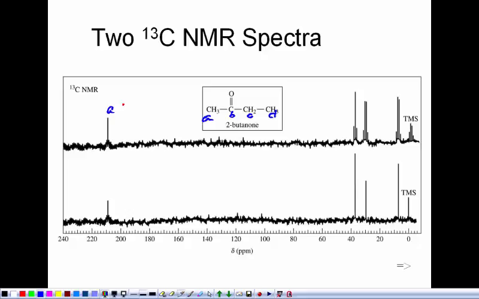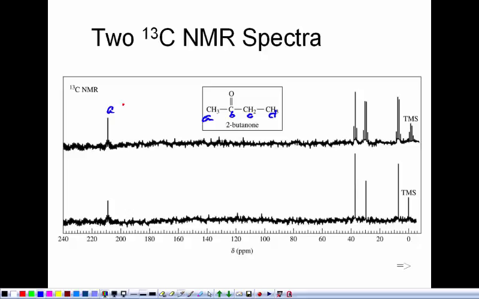If you were able to get what's called an undecoupled spectrum, it would tell you that I have a C double bond O. I've got a CH2 because this is a triplet, and I've got two CH3s because they're quartets. And so then it's my job just to put the pieces together.